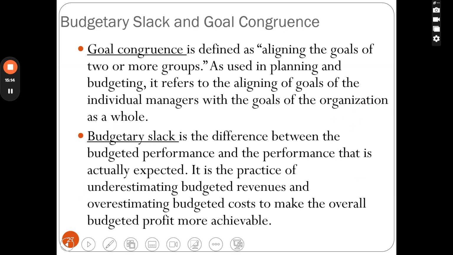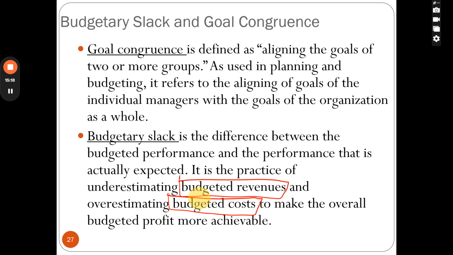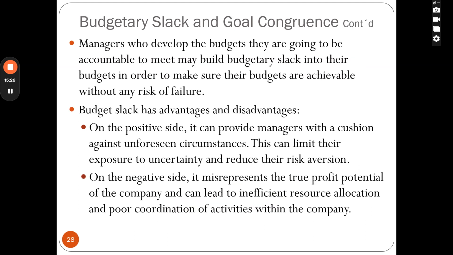It is the practice of underestimating budgeted revenues. You are underestimating the revenues and overestimating the cost. This practice is what we call budgetary slack. Managers who develop budgets, and who are going to be accountable to meet them, may build budgetary slack into their budgets in order to make sure their budgets are achievable without any risk of failure.